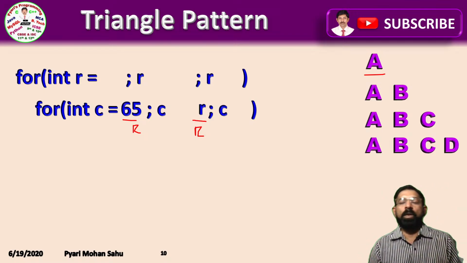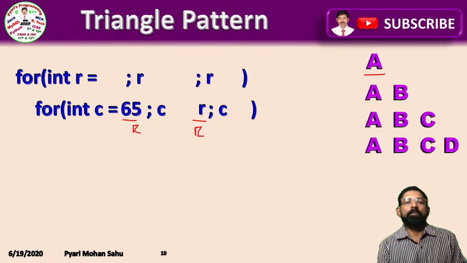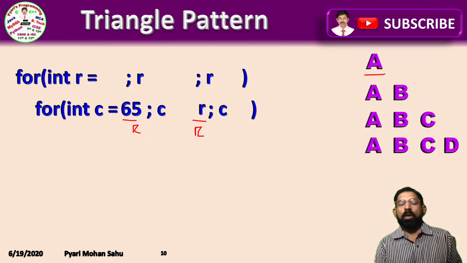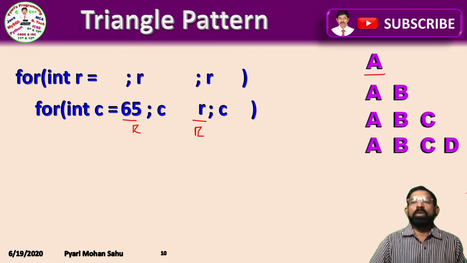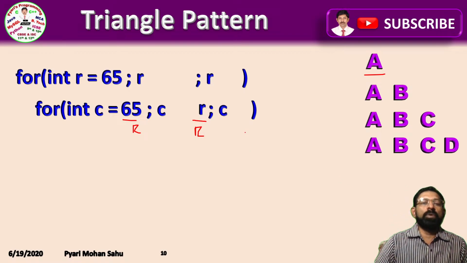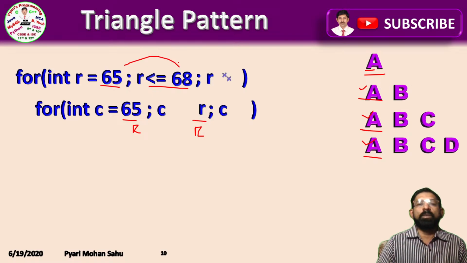Outer C is 65. Obviously C is less than or equal to R, because A, B, C, D is given. First time A to A, 65 to 65. Then 65, 66, 67, 68. So it should be less than or equal to 68. 65 to 68 is an increasing order. So that's why R plus plus.